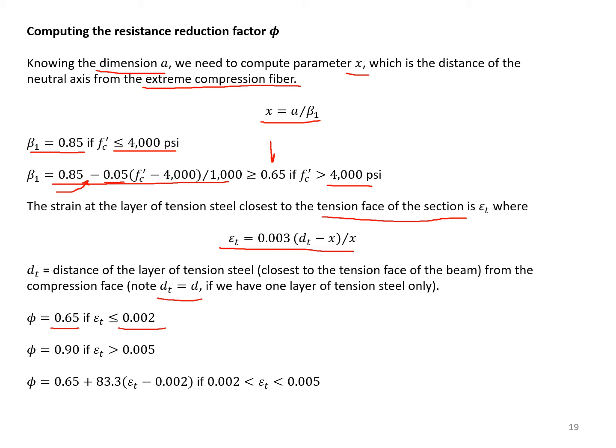But that would be if this epsilon t is larger than 0.005. Actually, it should be larger than or equal to. So this is the most efficient section. Now, what if my epsilon t is between the two? Then we use an interpolation using this equation. All right.